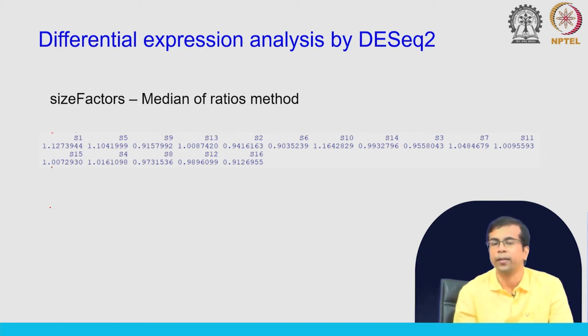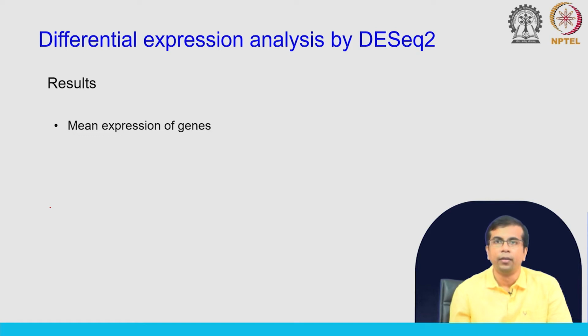You remember this count modeling, right, which is proportional to the fraction of molecules in the cDNA library, multiplied by the size factor, s_j. Okay. So, these are the size factors for these samples. Now, in the results part, what we will get, we will see in a moment, is the mean expression of genes.